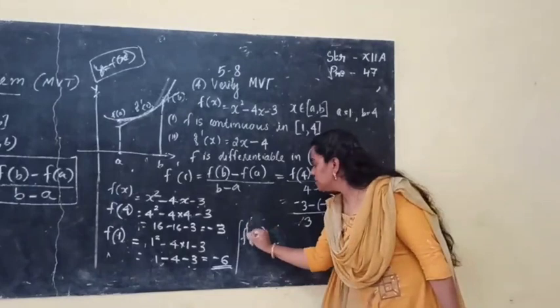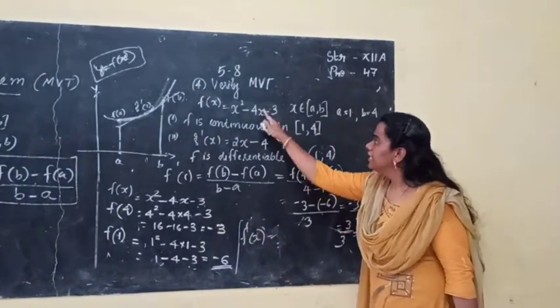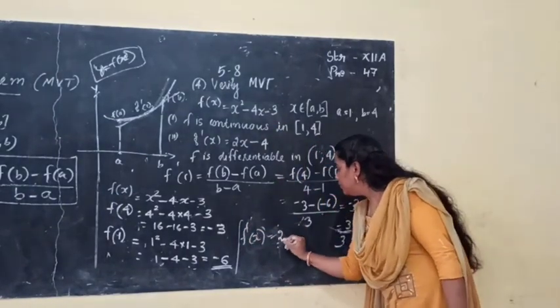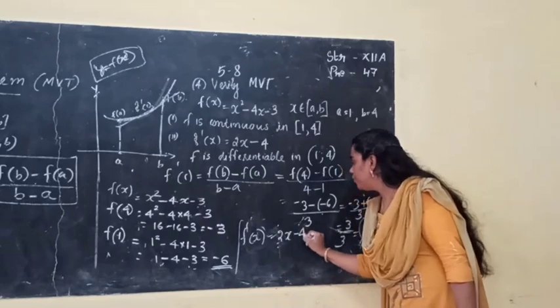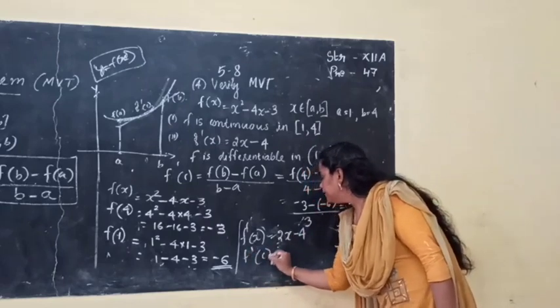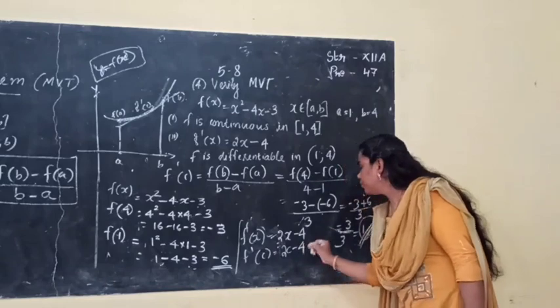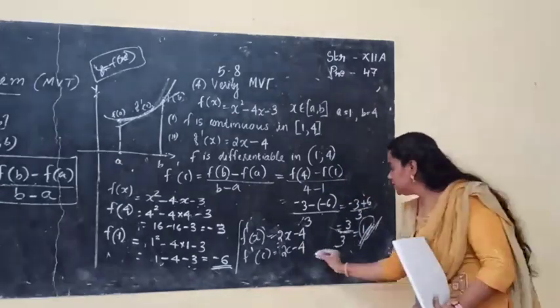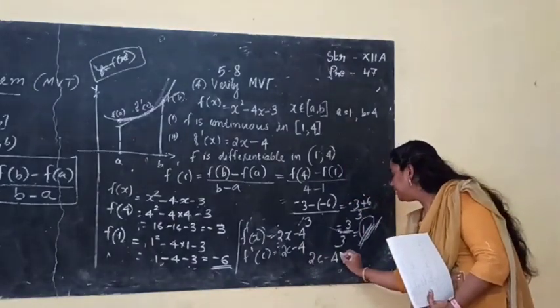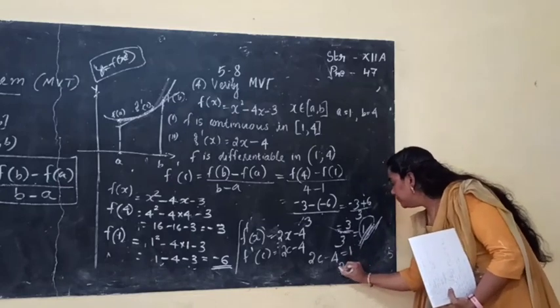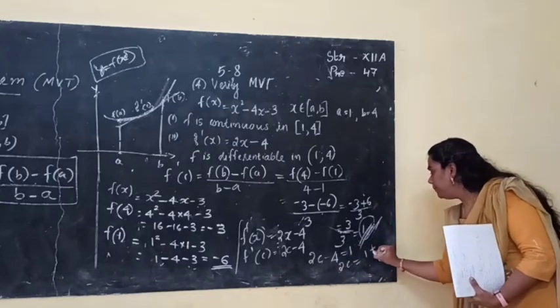Then f dash x, what is f dash x? F dash x is equal to 2x minus 4. Then f dash c, that is 2c minus 4. We have 2c minus 4 is equal to 1. Then 2c is equal to 1 plus 4.